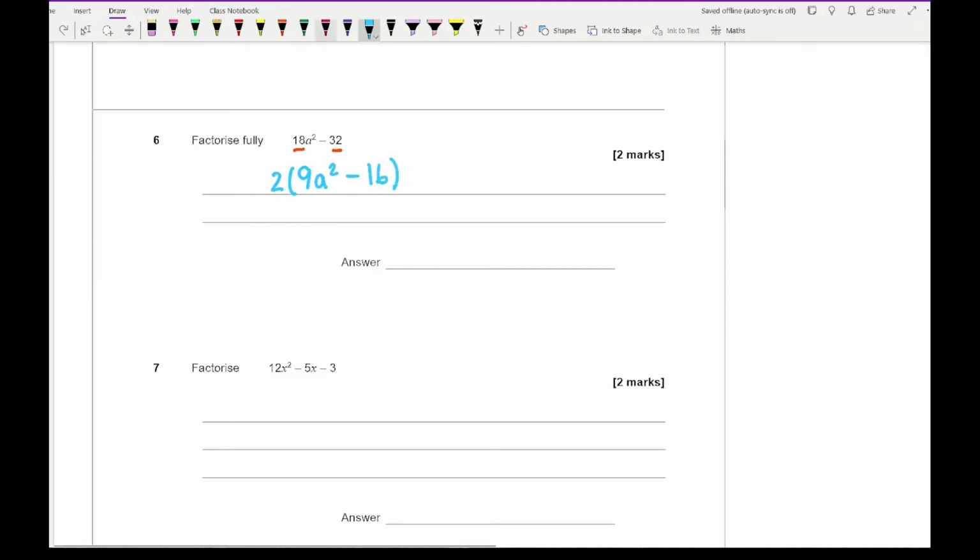Now, one thing I notice here is that this represents a difference of 2 squares. And so I've got 2, and then writing this as a difference of 2 squares, I'm going to end up with 3a, 4, and a 3a, 4, a plus and a minus, and that is my final answer.